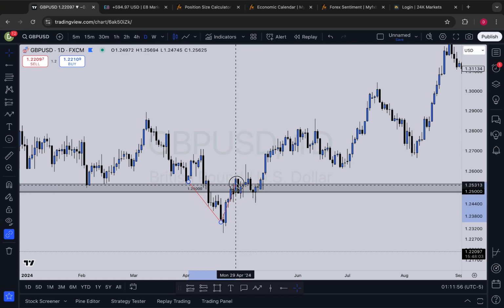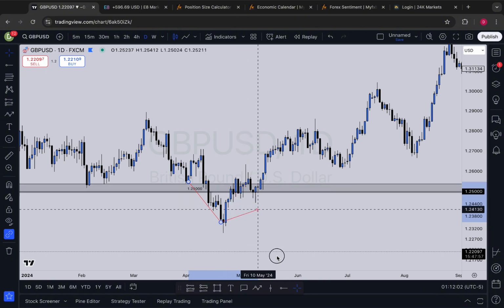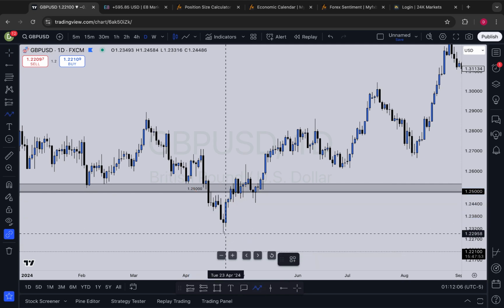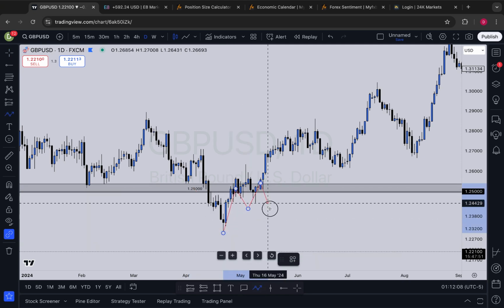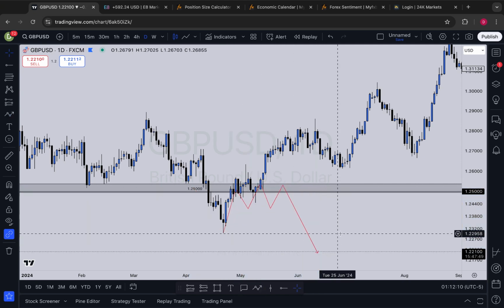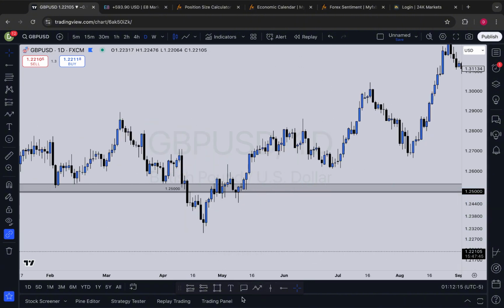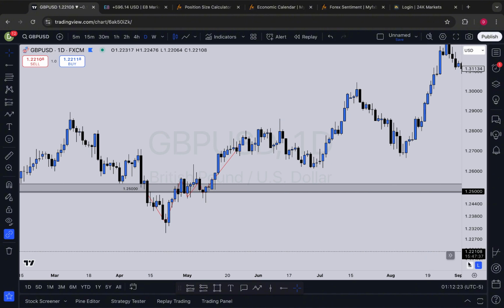It's either going to keep rejecting it as a resistance, keep messing around right there, and then ultimately switch into a downtrend. Or if there's enough buying pressure, we'll see what happened here, and it'll solidify itself and break above and continue on up.